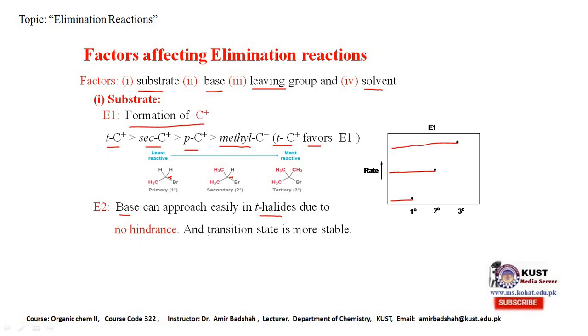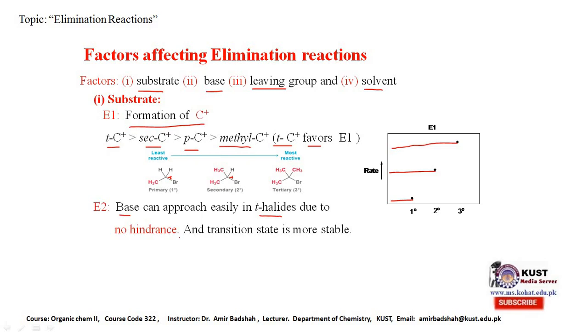And the second factor which favors E2 is that the abstraction of hydrogen from the tertiary halide results in a transition state which is more stable. If the base abstracts hydrogen from the secondary, then in that case the transition state will be a little bit less stable.